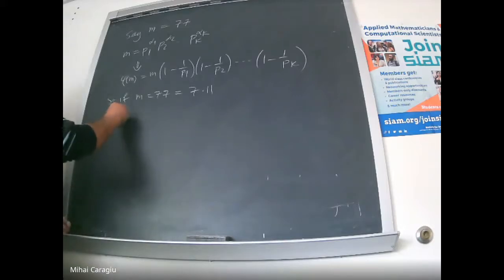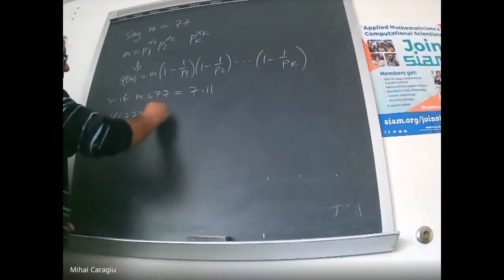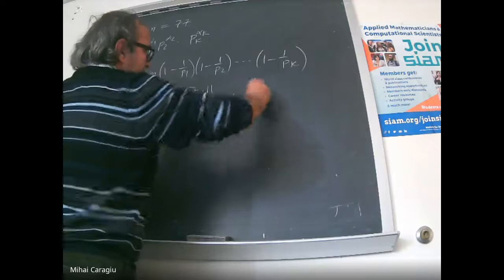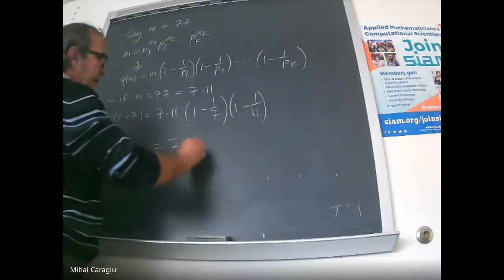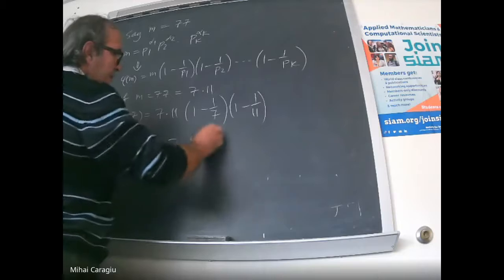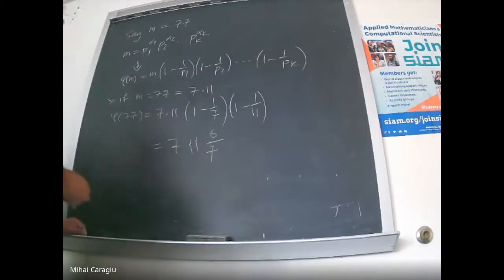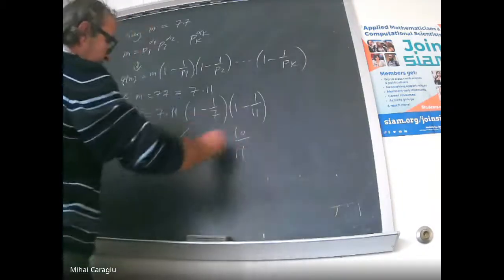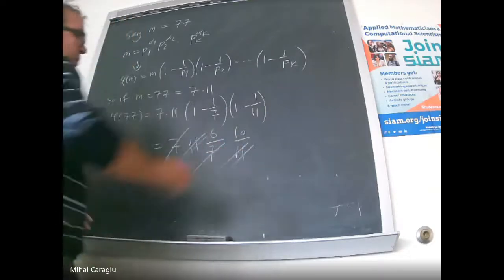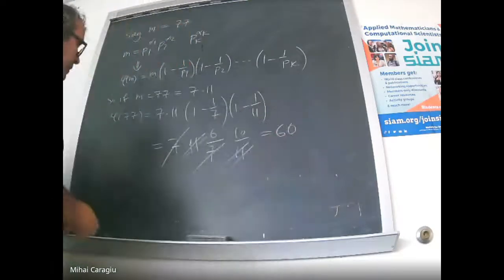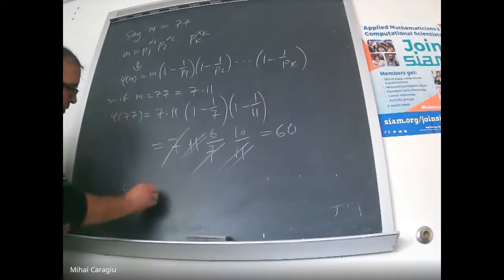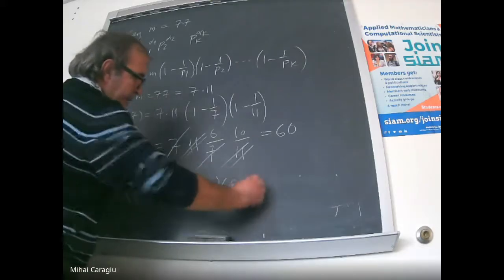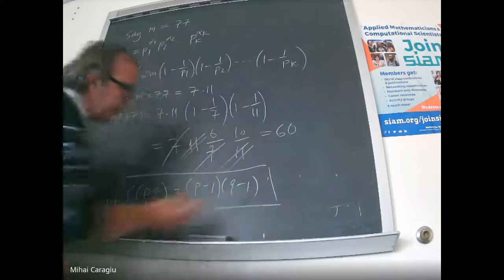Then phi of 77 equals 7 times 11 times 1 minus 1 over 7 times 1 minus 1 over 11, equals 7 times 11 times 6 over 7 times 10 over 11. Cancelling 7 with 7 and 11 with 11, we get 60. In general, phi of a product of two primes pq equals p minus 1 times q minus 1. It's very quick and useful to keep in mind.